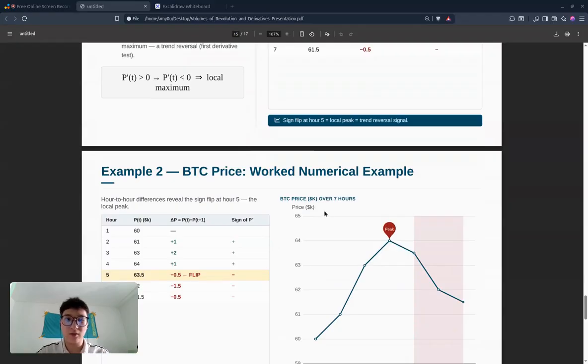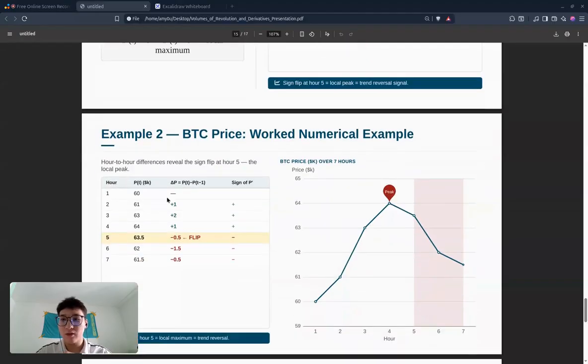So I took the latest Bitcoin price in thousands of dollars over 7 hours, and the hour-to-hour changes are +1, +2, +1, minus 0.5, minus 1.5, and minus 0.5. Notice how the pattern changes. The momentum is strong and positive for the first 3 hours.